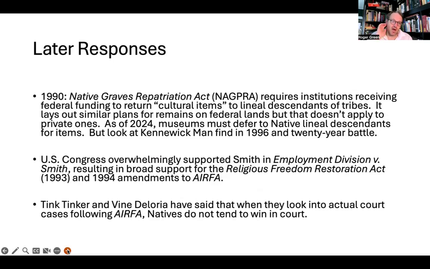So these laws we have to be very careful with, and this is why I'm ending the course this way, because there's so much to be said about legal relationships, about federal Indian law.